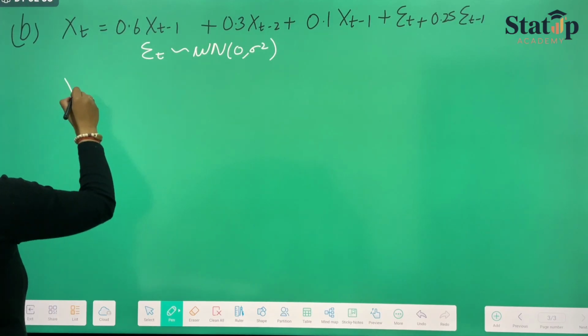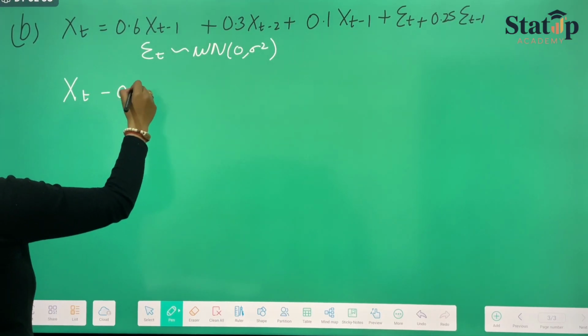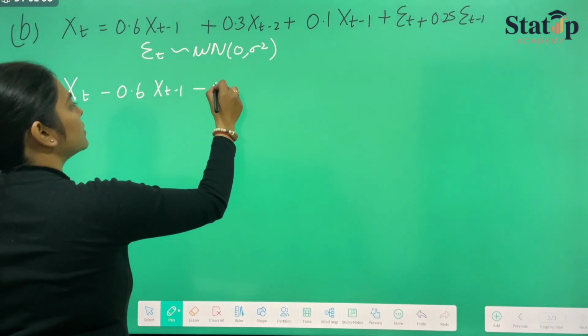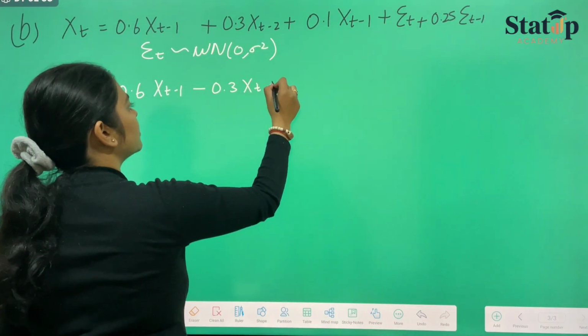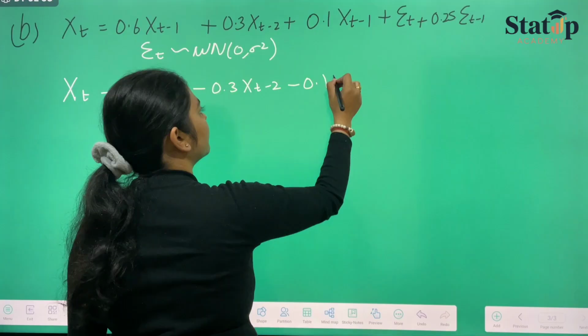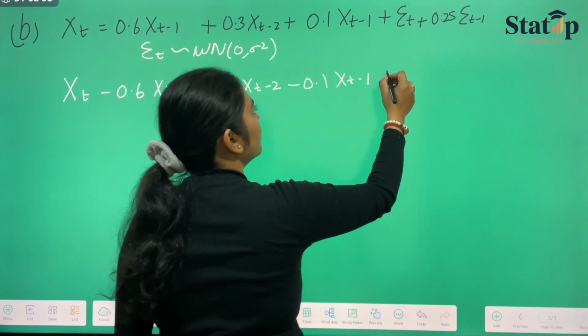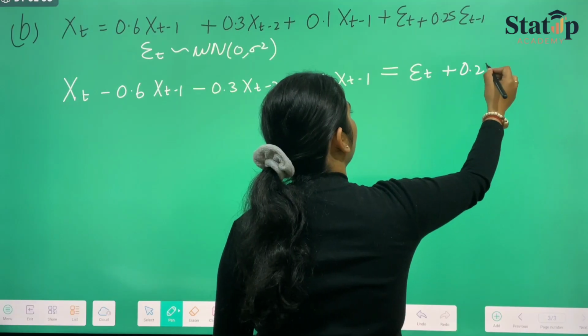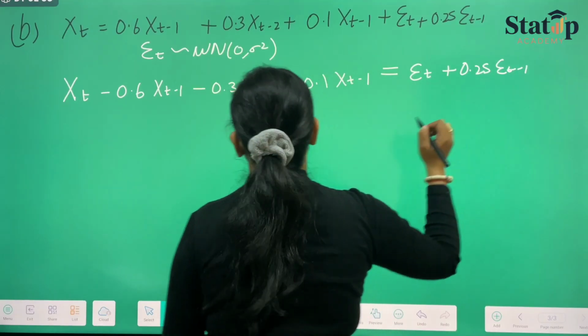So we can take xt minus 0.6 xt minus 1 minus 0.3 xt minus 2 minus 0.1 xt minus 3 equals epsilon t plus 0.25 epsilon t minus 1.